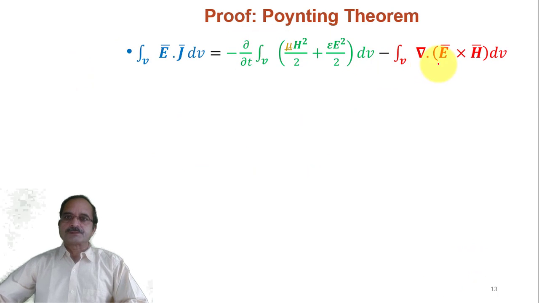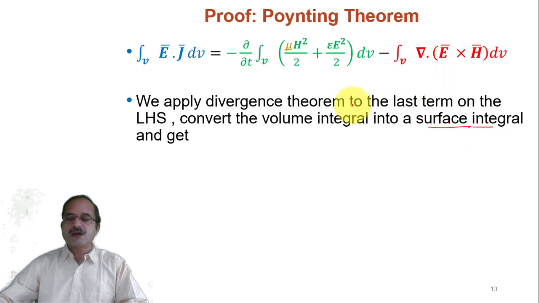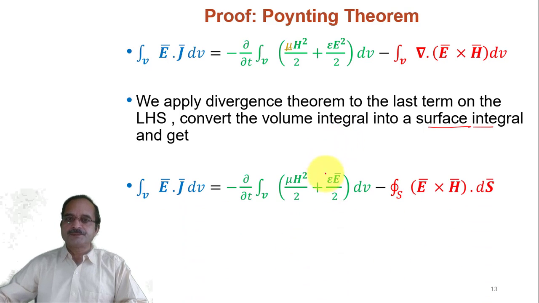Now the last term here, del dot E cross H dv, we apply the divergence theorem here, and the volume integral will convert into a surface integral. So let us convert this last term using the divergence theorem, from volume integral to surface integral. So this becomes surface integral E cross H dot ds.